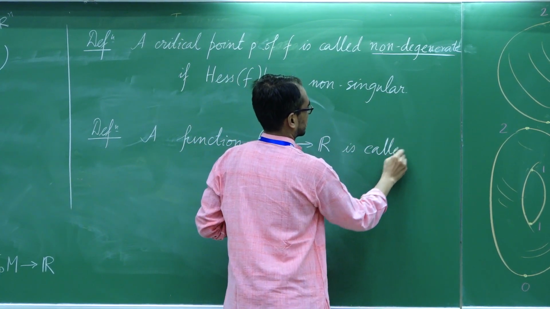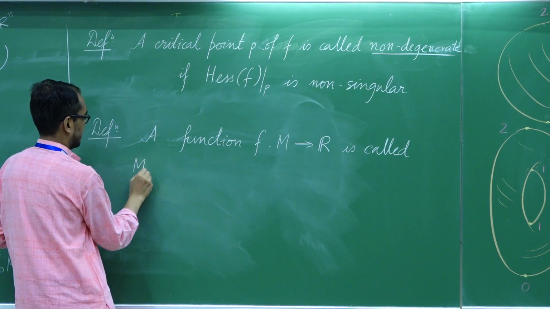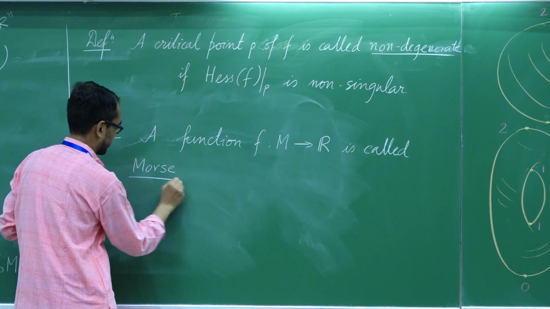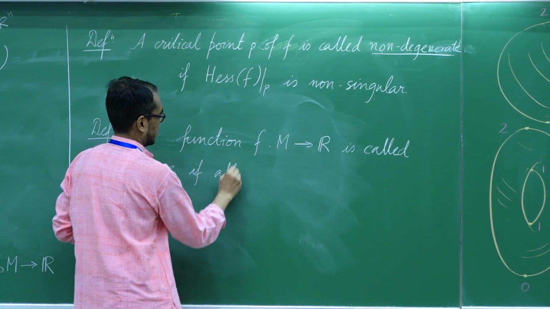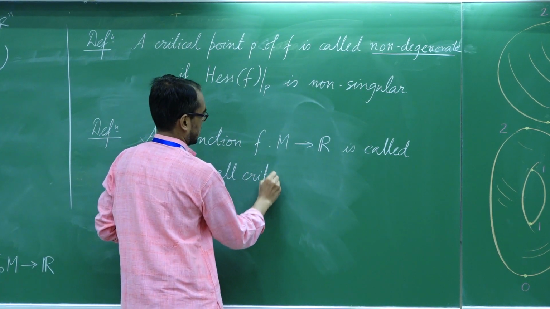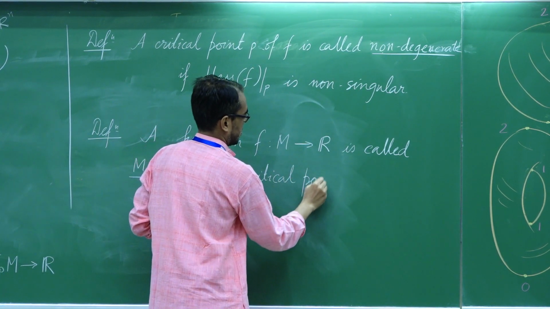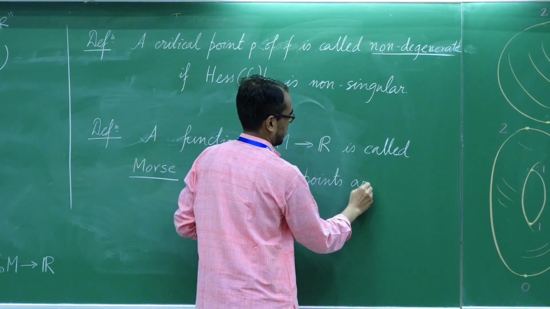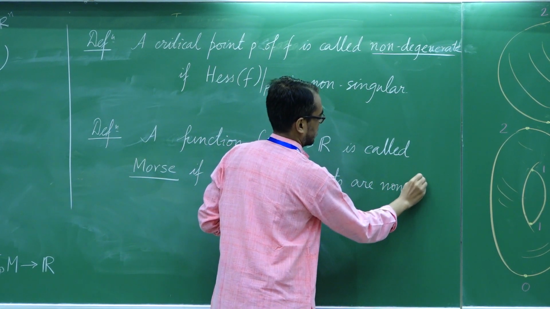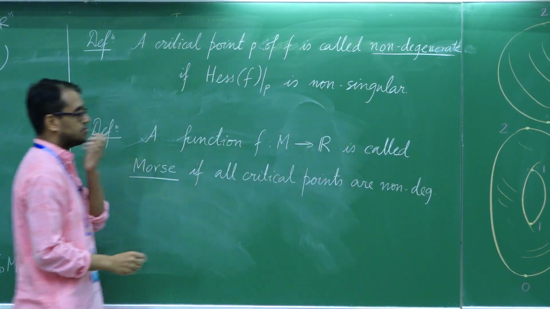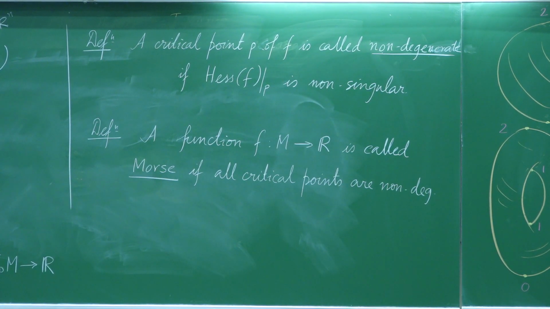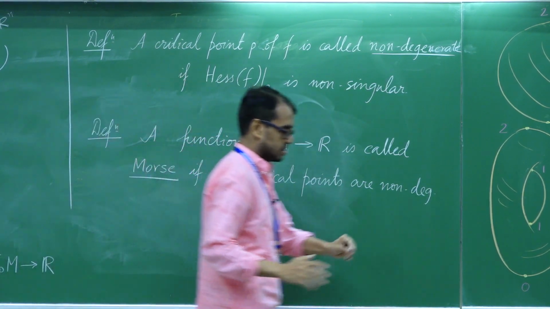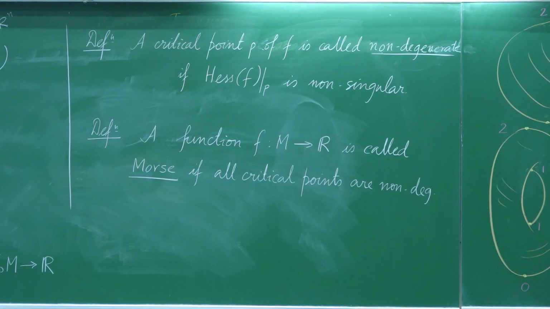It's called Morse if all critical points are non-degenerate. So the critical points are not too bad. They are sort of nicely sitting inside the actual space. That's it.